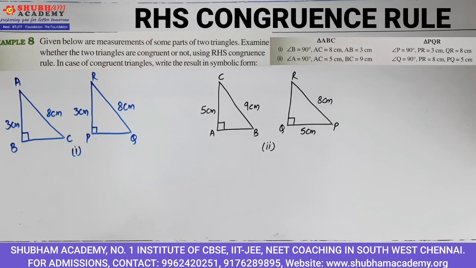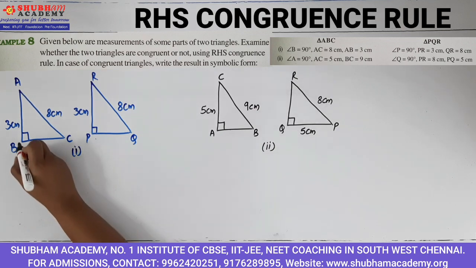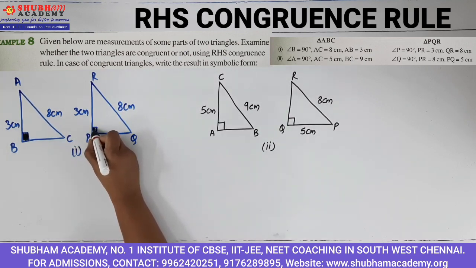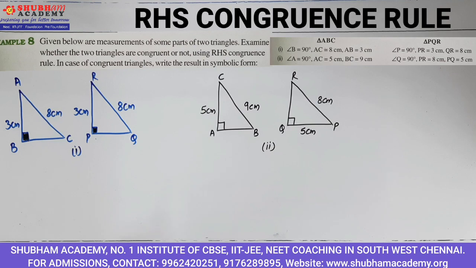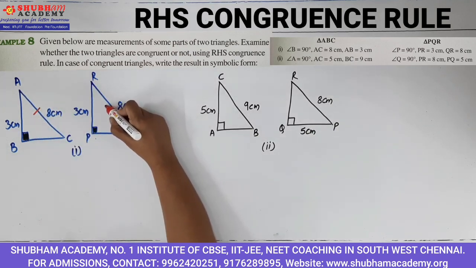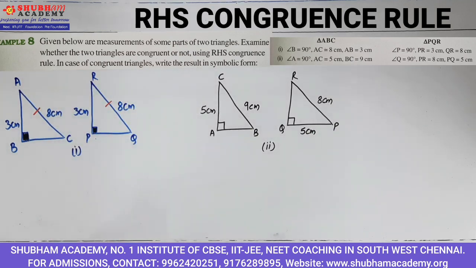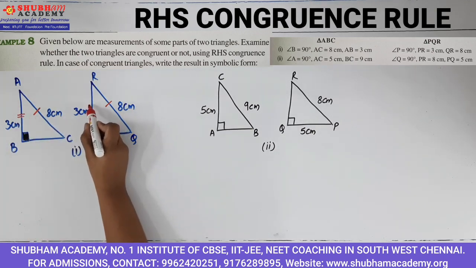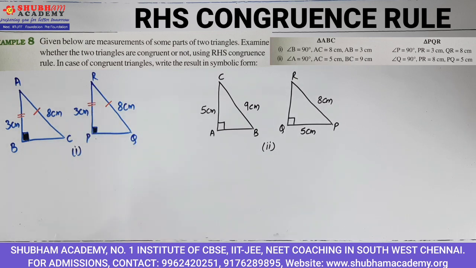So see here children, we can see that in triangle ABC angle B is 90 degree and in triangle PQR angle P is 90 degree. Then hypotenuse AC is 8 centimeter and hypotenuse RQ is 8 centimeter. Also AB is 3 centimeter and RP is 3 centimeter.